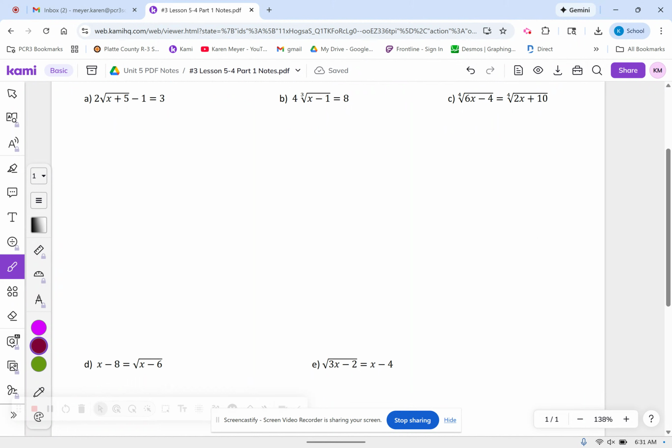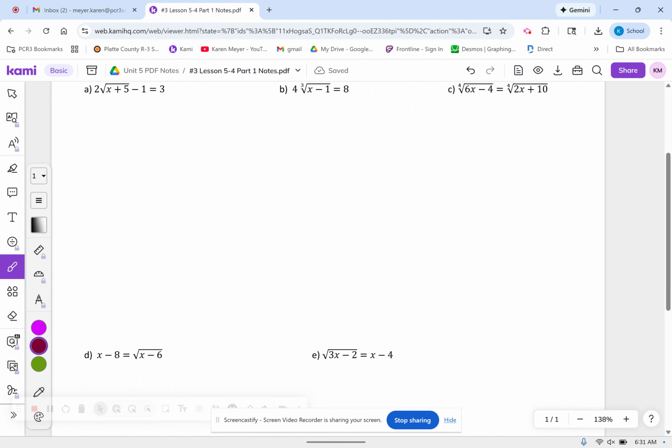So I see this -1 behind the square root, so we always want to get rid of that number first. So I would start by adding the 1 over. So then I would have 2 times the square root of x plus 5 equals 4.